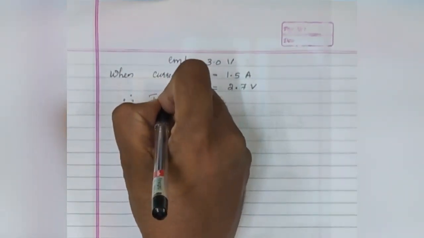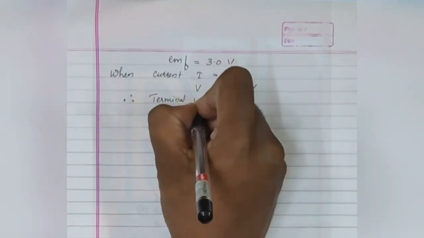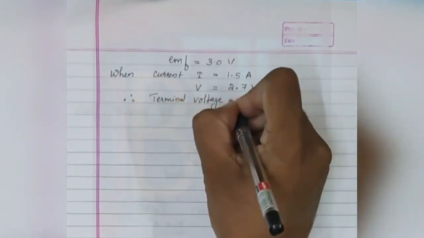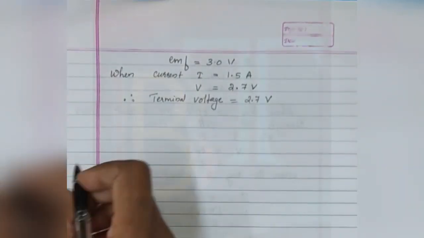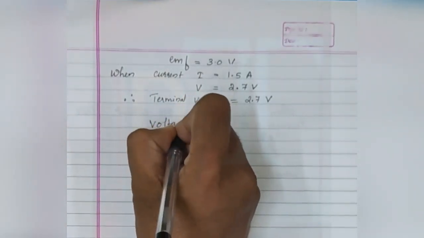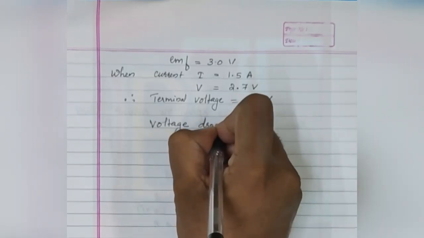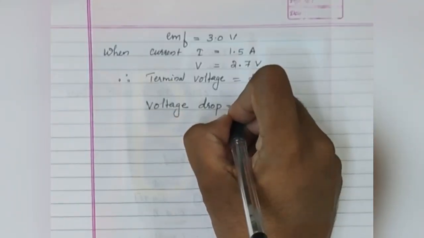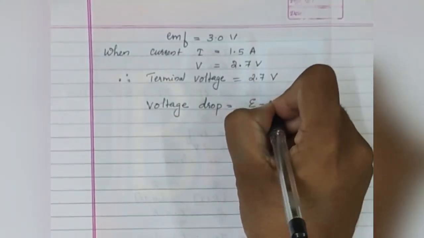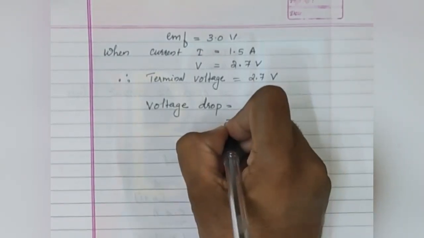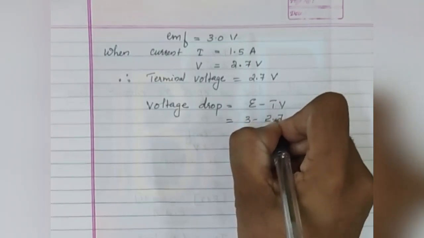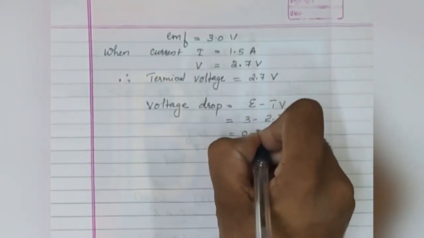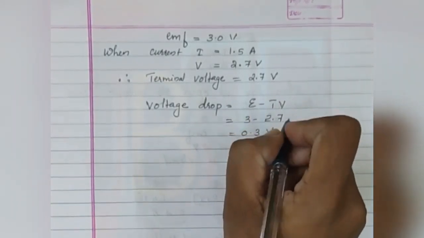We know that voltage drop is equal to EMF minus terminal voltage. Therefore, it is 3 minus 2.7, which is 0.3 volt.